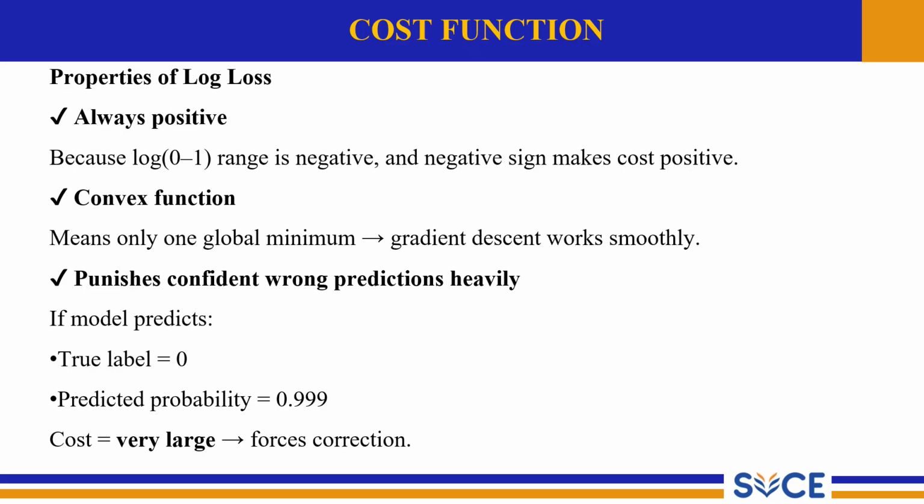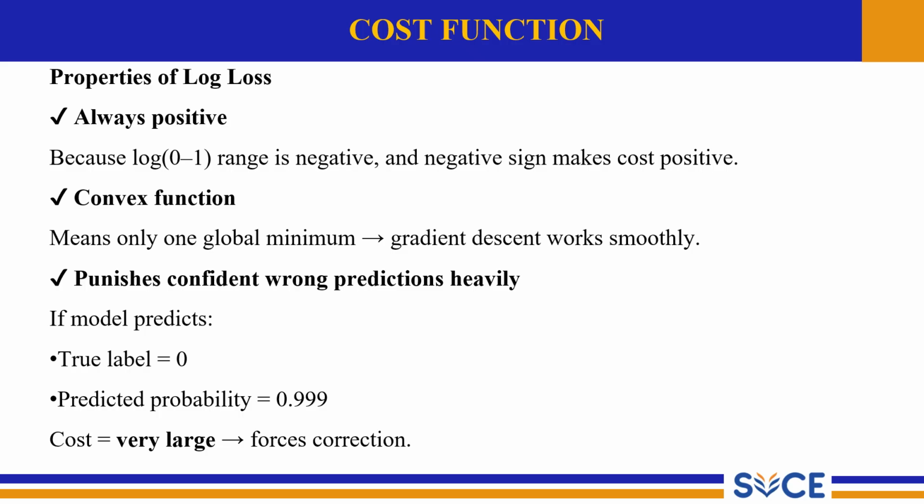Log loss has a key property that makes it ideal for logistic regression. It is always positive. The logarithm of numbers between 0 and 1 is negative, and the negative sign in the formula ensures the cost is always positive. It is also a convex function. Log loss is convex, meaning it has only one global minimum. This ensures that gradient descent converges smoothly to the optimal solution.